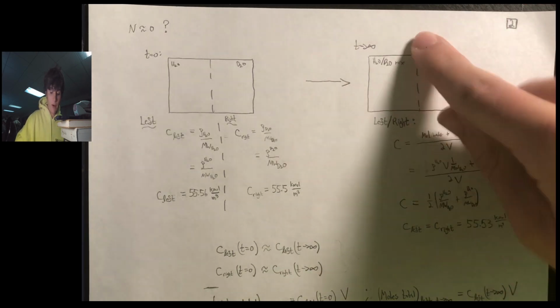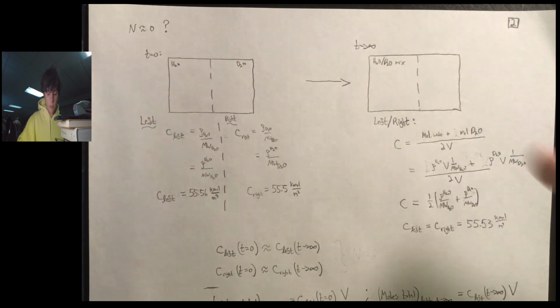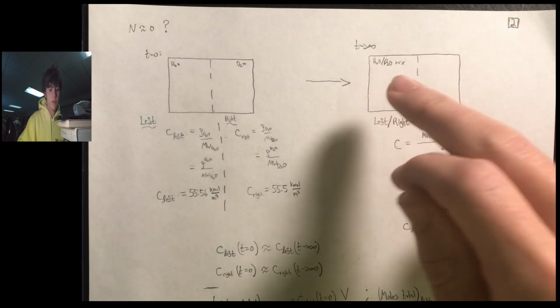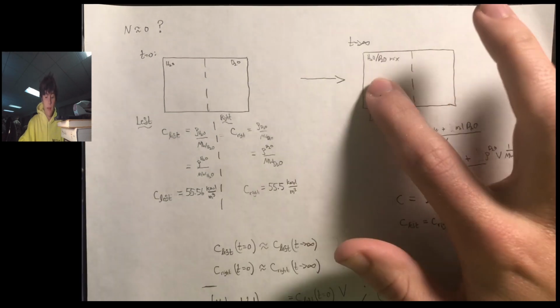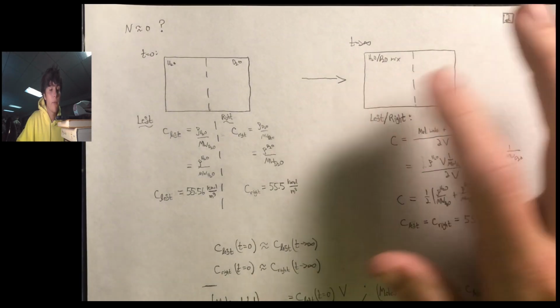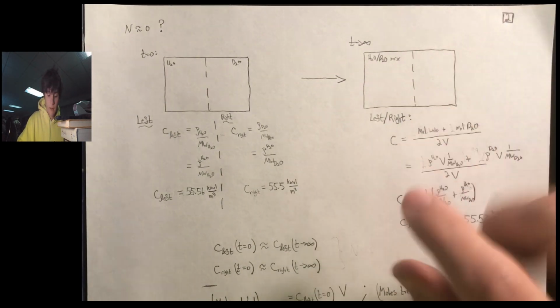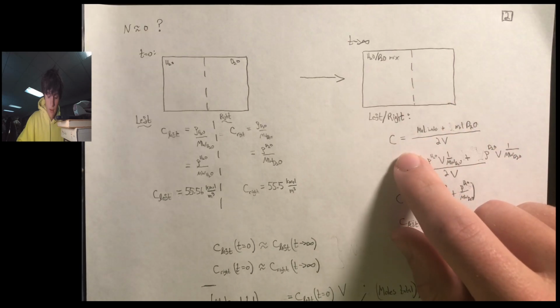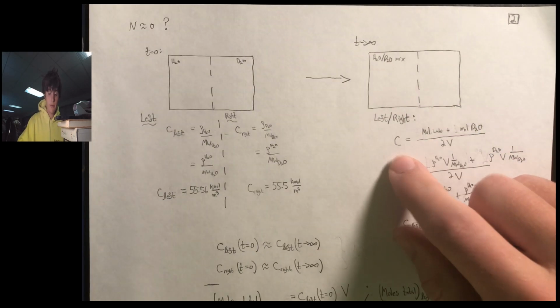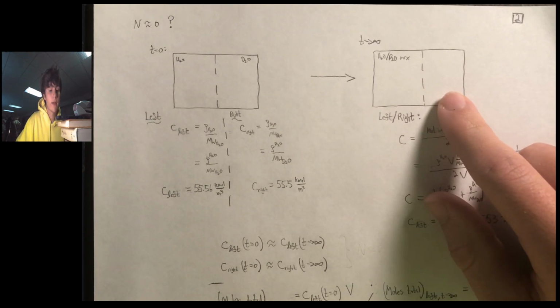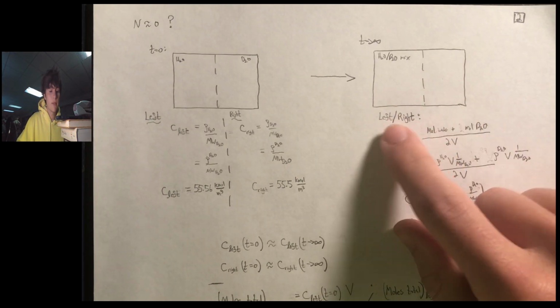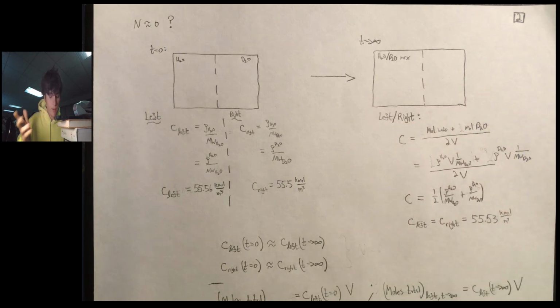Then we put the barrier back in, and we see what the total molar concentration is on each side. Since the volume on the left and the volume on the right are both the same, and since it's at equilibrium, the total molar concentration on the left-hand side is equal to the total molar concentration on the right-hand side. So we'll just denote it as left/right, they're equal.